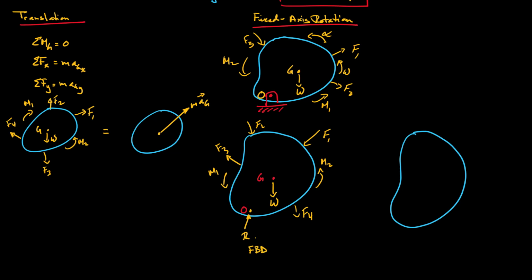So recall our kinetic diagram. We look at the center of mass, G, and we see what is induced by the equations of motion, or by the left-hand side of the equations of motion. So for fixed axis rotation, instead of using x and y components, it's more useful to use n and t components, where n is the normal component and t is the tangential component.